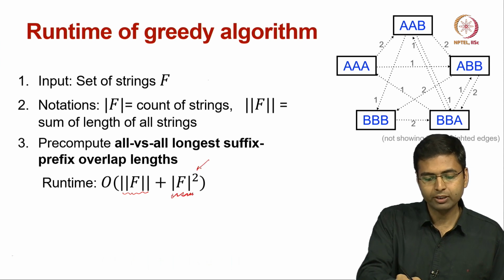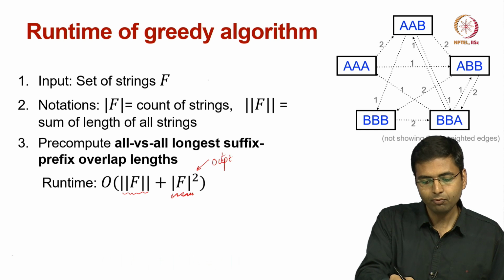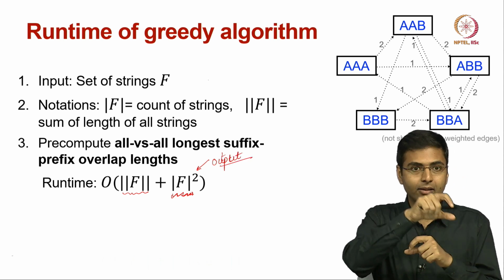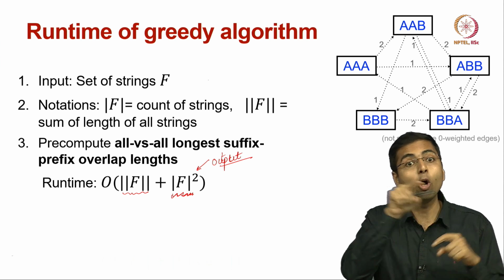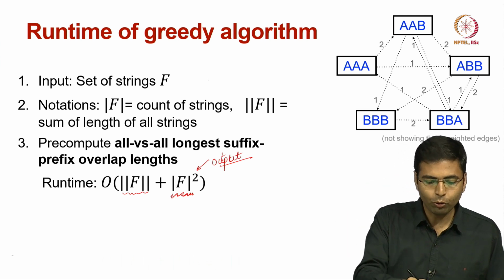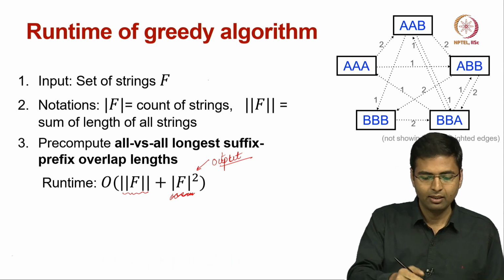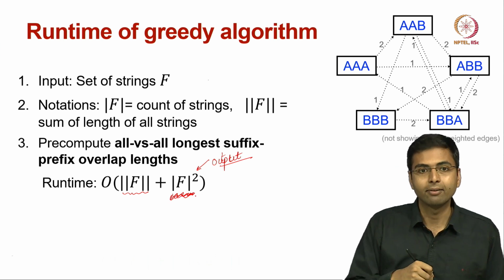This is also the output size, because as output you are outputting the overlap lengths between all pairs of strings, an array of integers of size F squared.